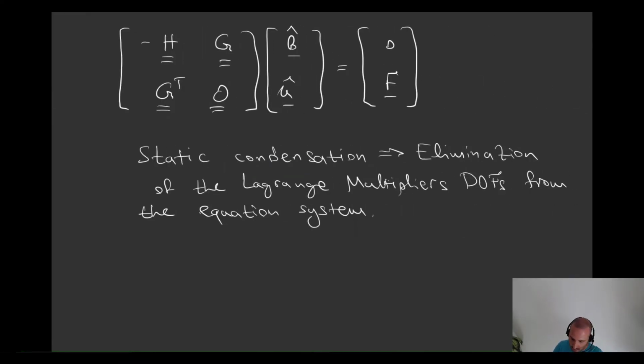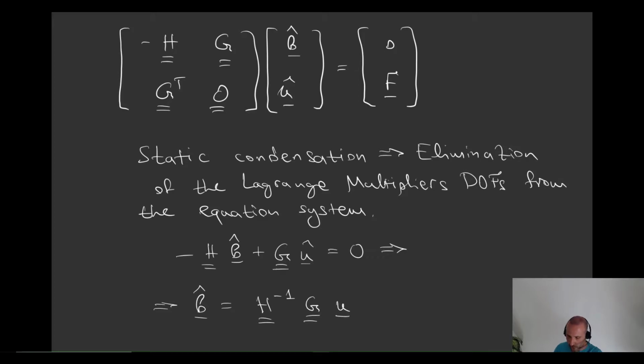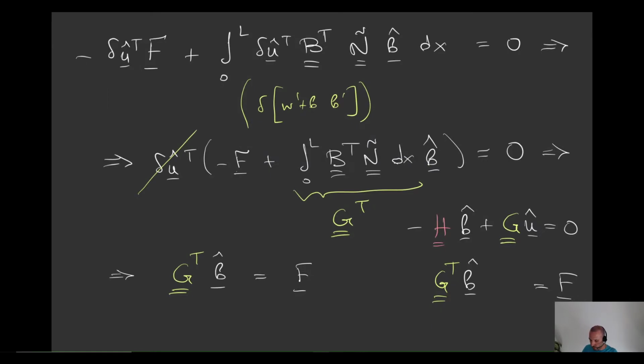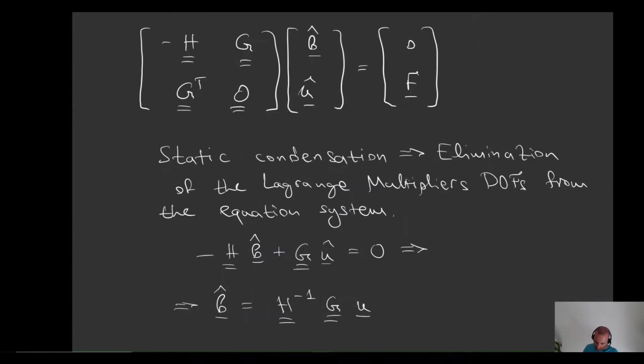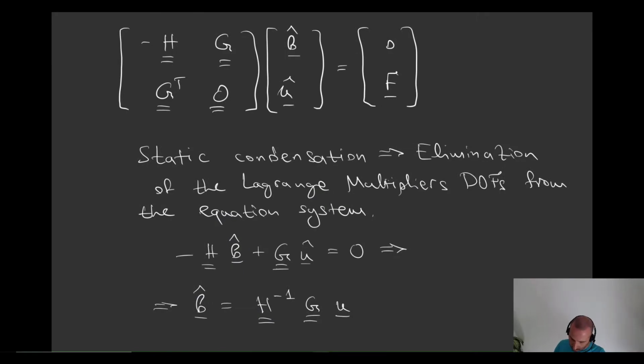let's just write the equation again for the sake of clarity. So this is going to be minus H times beta underlined plus G times U is equal to 0. So here we can go ahead and say that beta is equal to the inverse of H times G times U. Okay, we keep this equation in mind, and we go ahead and substitute that into the second equation here, the one down here. And there we obtain the following.